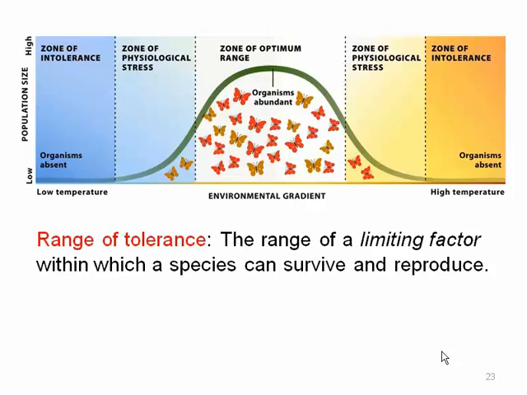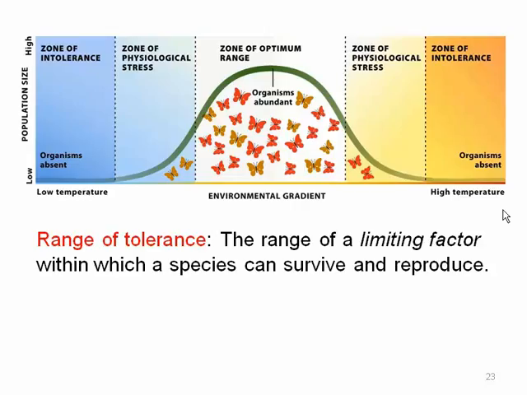But as the temperature gets colder, or hotter, those metabolic and food-finding processes become more difficult. And so when you go out of that optimum range in the center of this chart, you'll find zones of stress. And then when it gets very cold, say freezing conditions, or very hot, high temperature, the butterflies in this example simply cannot survive.